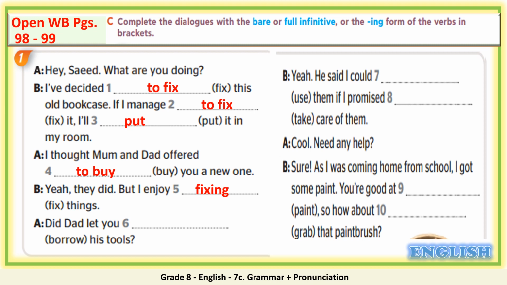Did Dad let you borrow his tools? Yeah, he said I could use them if I promised to take care of them. Cool. Need any help? Sure. As I was coming home from school, I got some paint. You're good at painting, so how about grabbing that paintbrush?